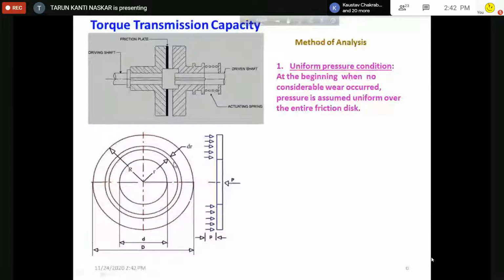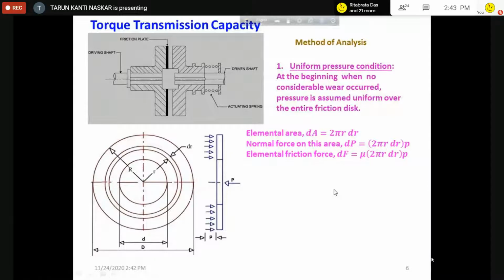So pressure distribution is uniform along the friction lining. Now a strip of thickness dr is considered at the radius small r. Now this is small d, this is capital D, and in between the small d and capital D is the friction lining. Now this elemental area of radial thickness dr is dA equal to 2 pi r dr.